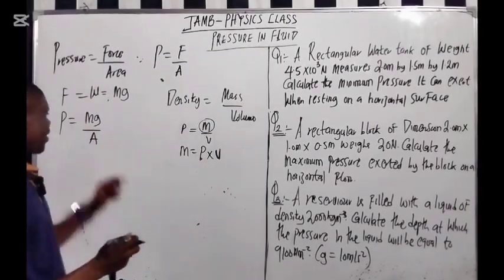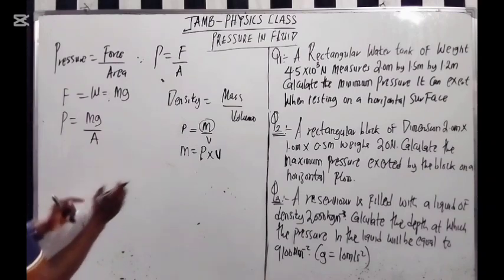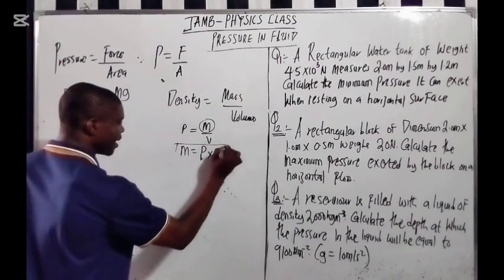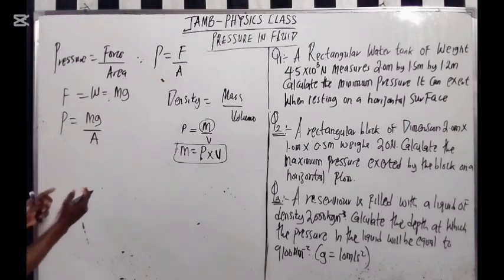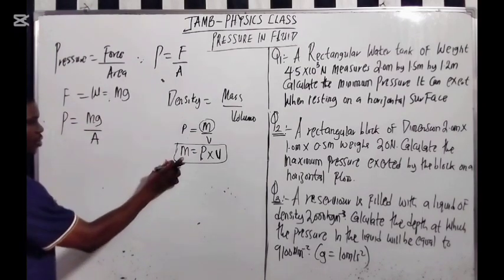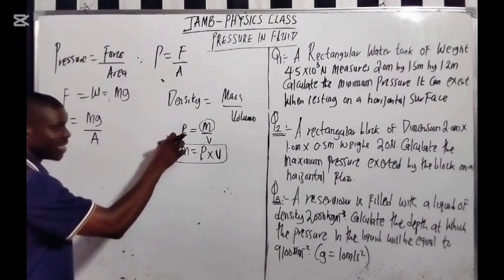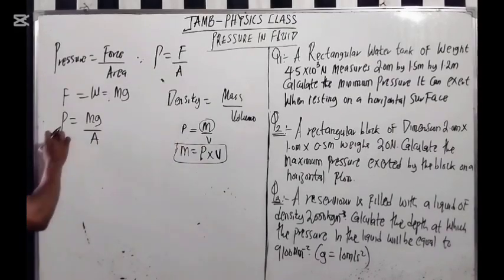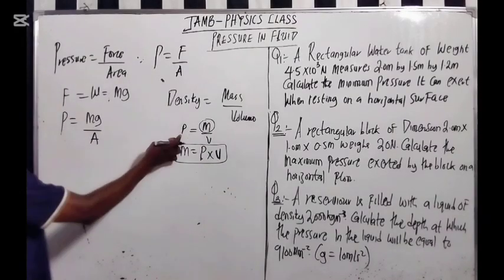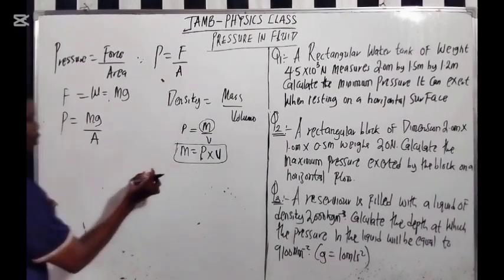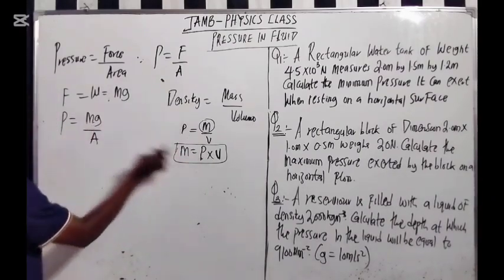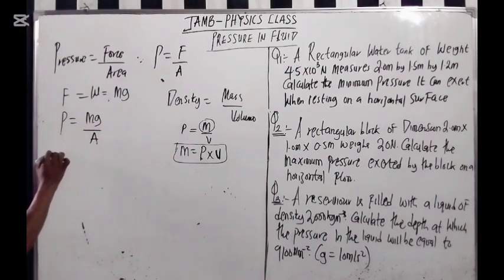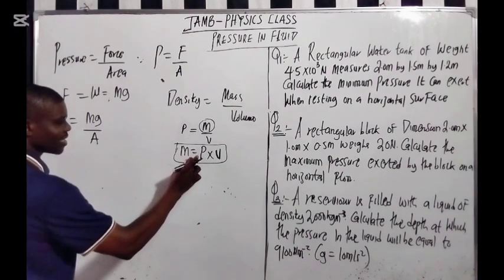Now if you substitute this into the pressure formula, because the two are related in mass: this one is density, which is the small letter, and this one is the capital letter P for pressure. In the place of mass, I put density times volume.